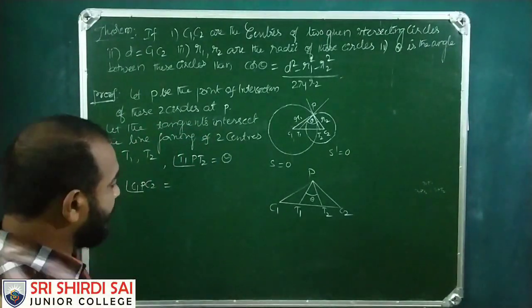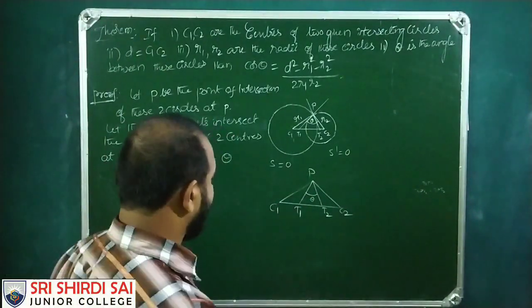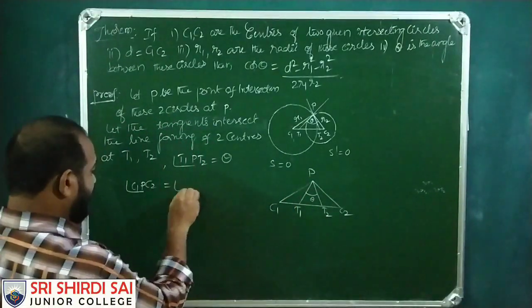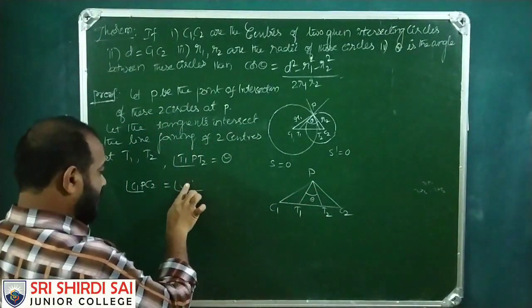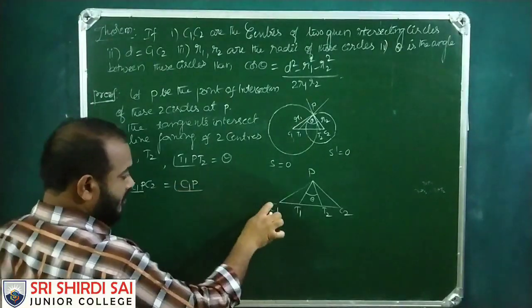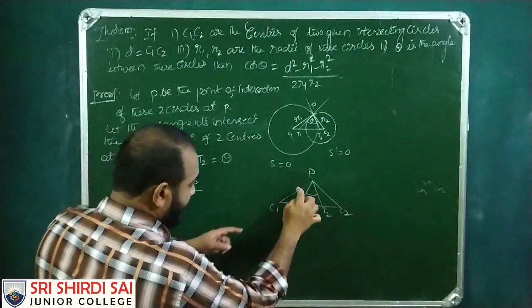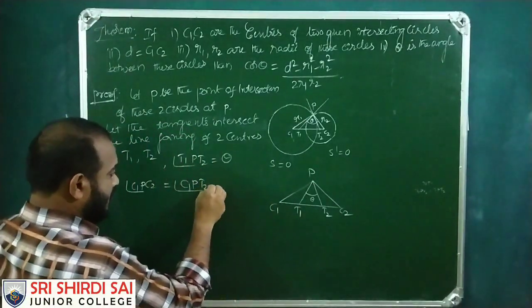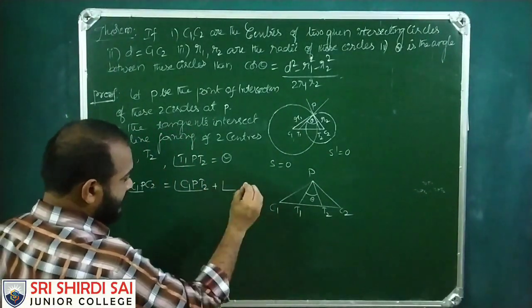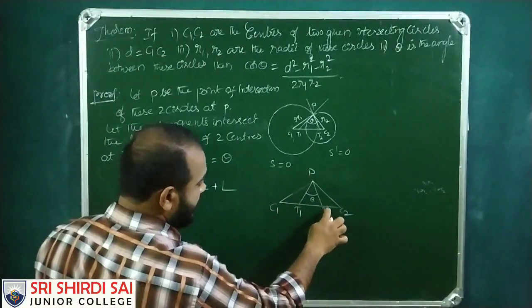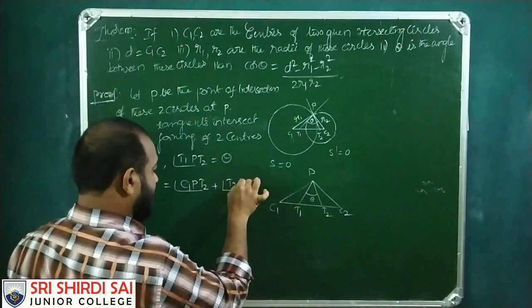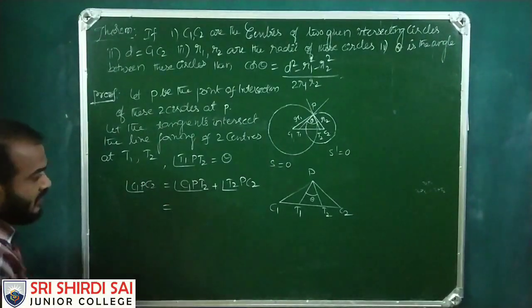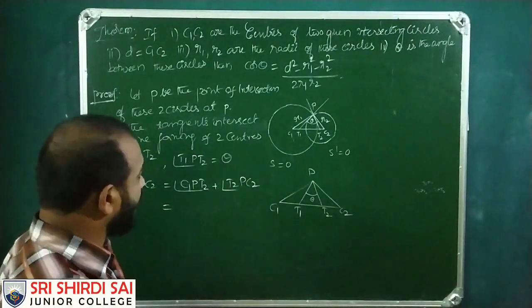So C1 P C2, the total angle, is nothing but C1 P T2 plus T2 P C2.